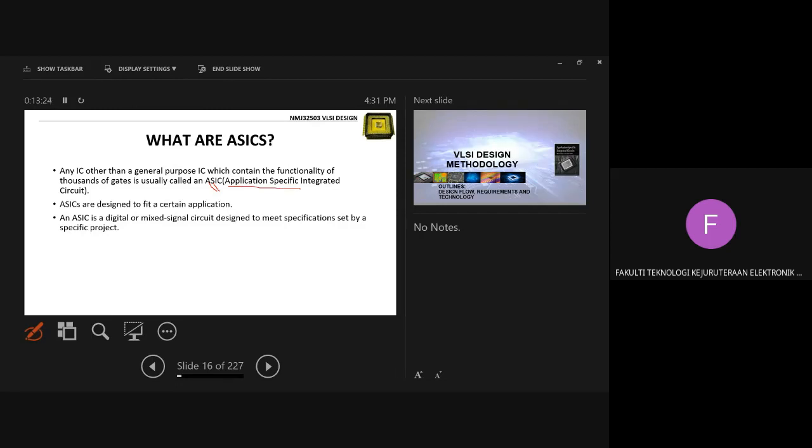An IC that is designed for a specific application, we call it ASIC. It's a kind of integrated circuit, but designed for a specific application. ASIC is digital or mixed signal designed to meet specifications set by the specific project. But in this course we focus on digital and not mixed signal.